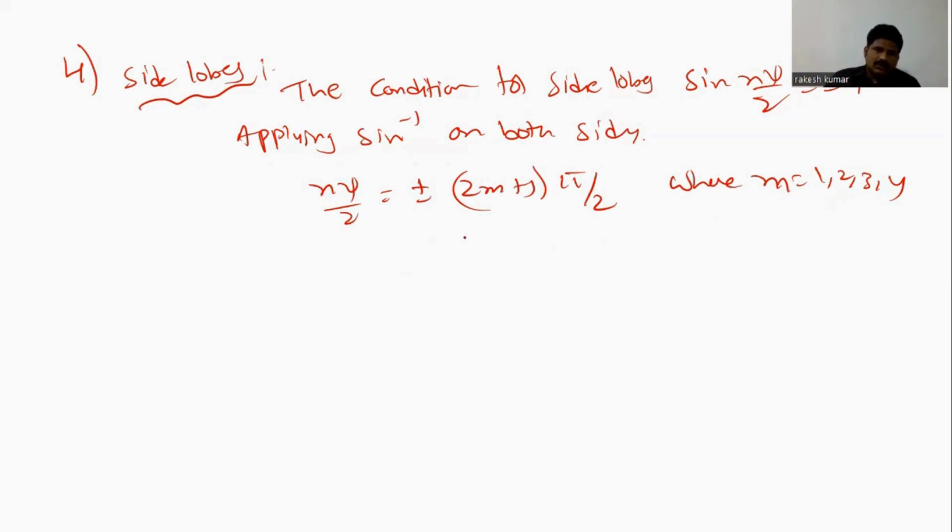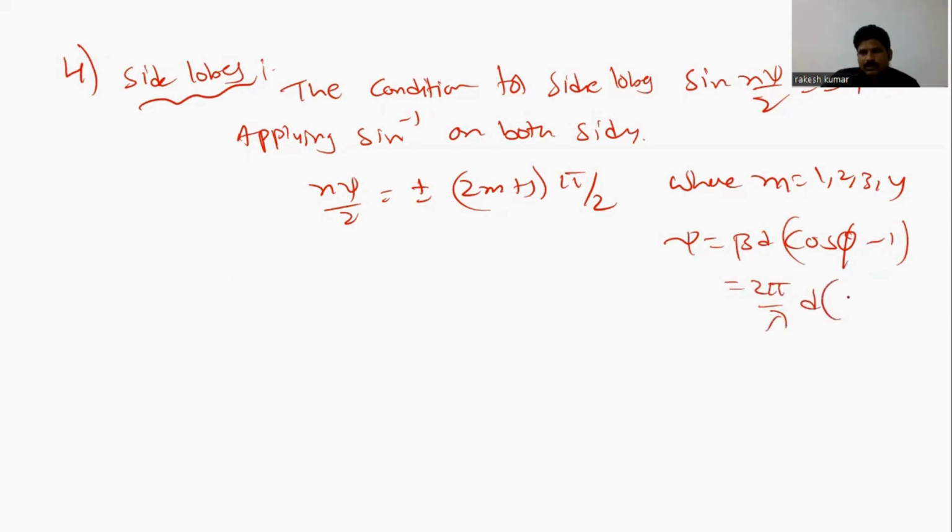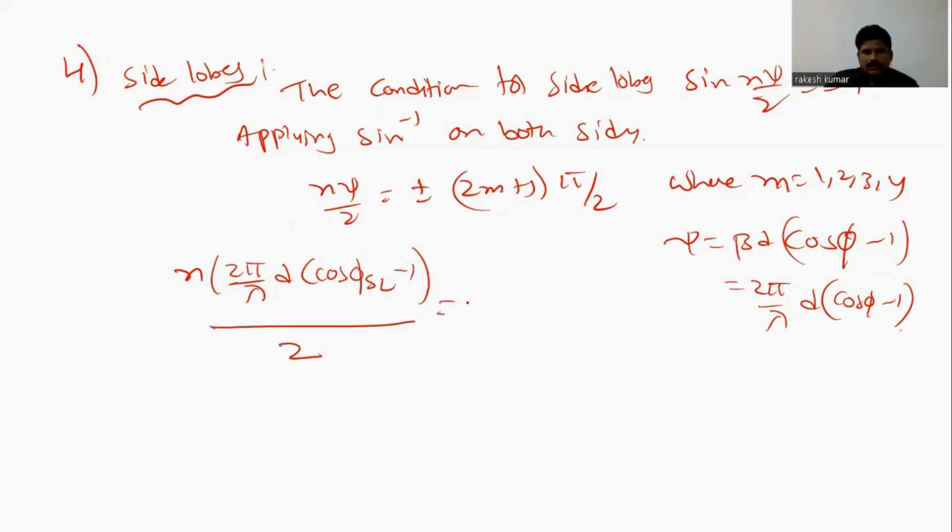Okay, so n psi by 2 is equal to plus or minus (2m plus 1) pi by 2. Now substitute the value of psi. Psi is equal to beta d cos phi minus 1. Beta means 2 pi by lambda. Substitute here: n into 2 pi by lambda into d into cos phi side lobe minus 1 by 2 is equal to plus or minus (2m plus 1) pi by 2.